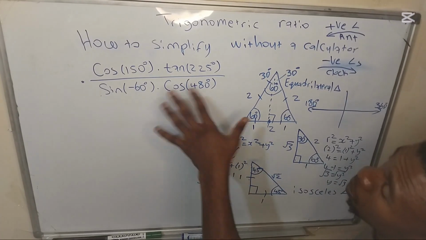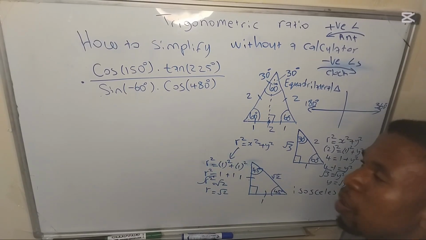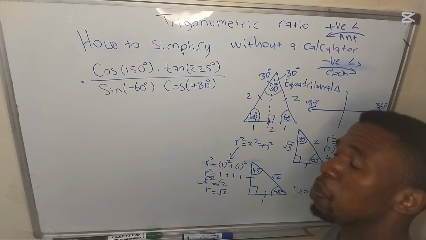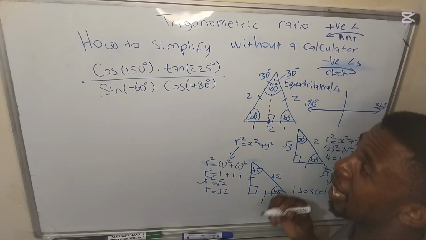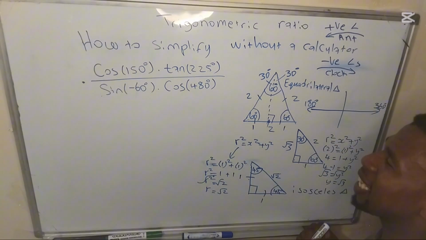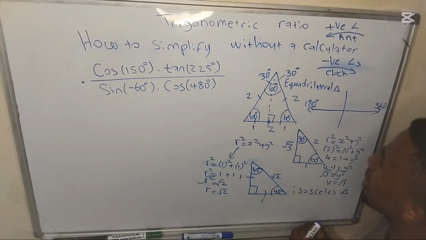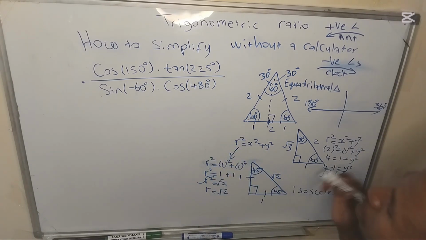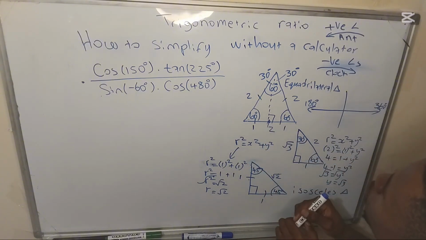So therefore, okay guys, now I'm about to explain the behavior of angles. Let me start with positive angles. If your angle is greater than 360 degrees, let me draw a new Cartesian plane.